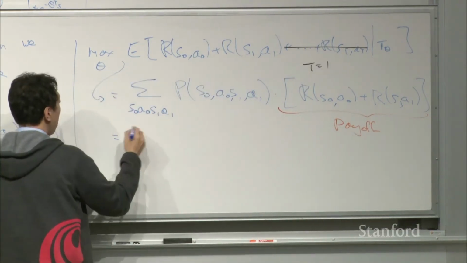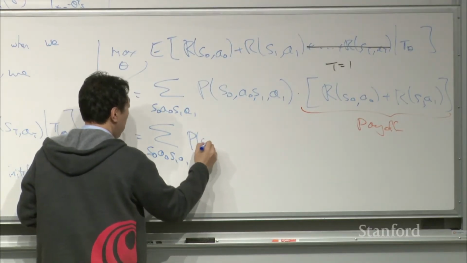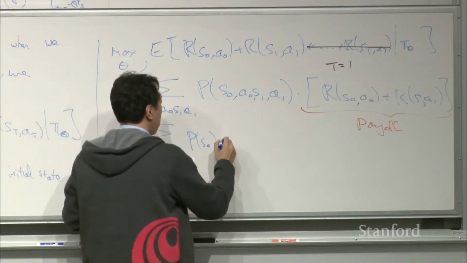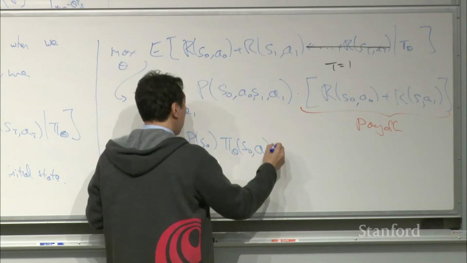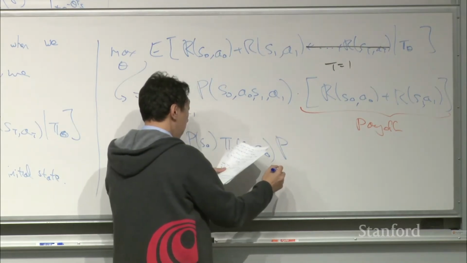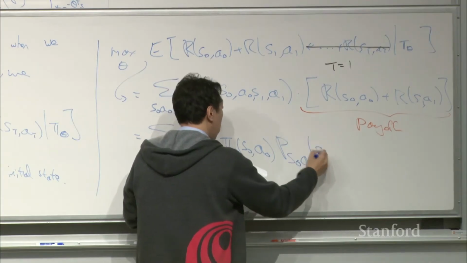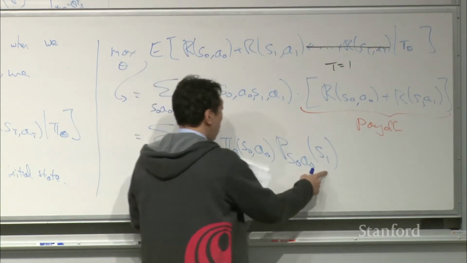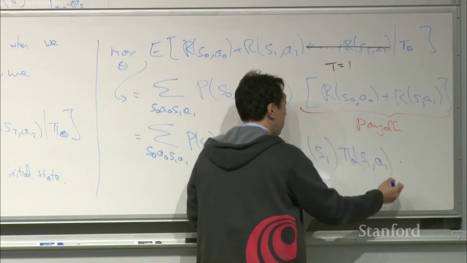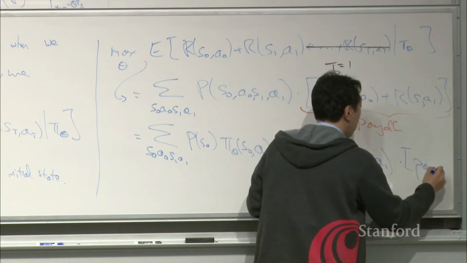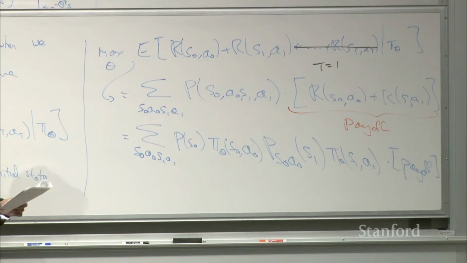And so this is equal to the sum over S0, A0, S1, A1 of the chance your MDP starts in state S0, times the chance that in state S0 you end up choosing the action A0, times the chance, governed by the state transition probabilities, that you end up in state S1, times the chance that in state S1 you end up choosing A1, and then times the payoff. Okay?